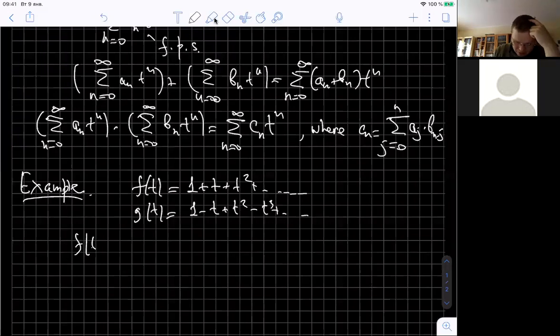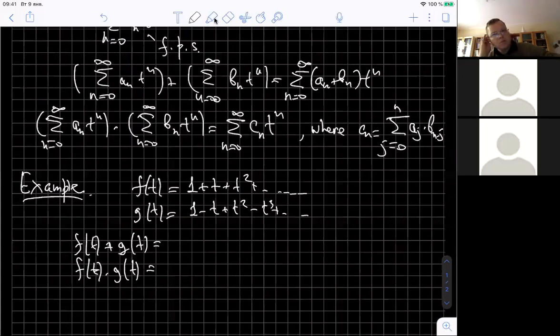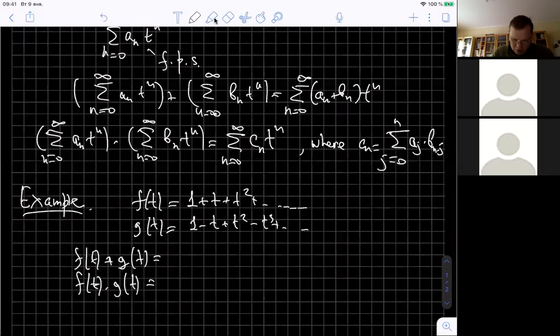So can you find the sum of these two formal power series and the product of these two formal power series? I think it has the definition, so you can calculate the sum and the product.